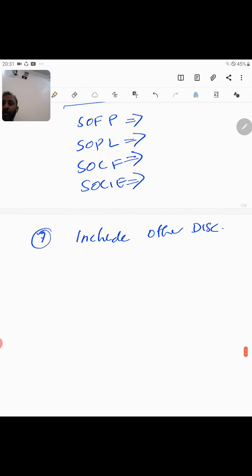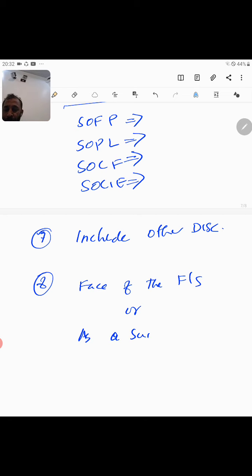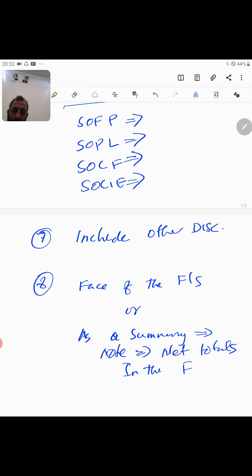And another point, before I forget: when we talk about disclosure or presentation, sometimes we present on the face of the financials, or we work out a summary, and that summary is provided as a note, and then the net totals we bring to the face of the financial statement.